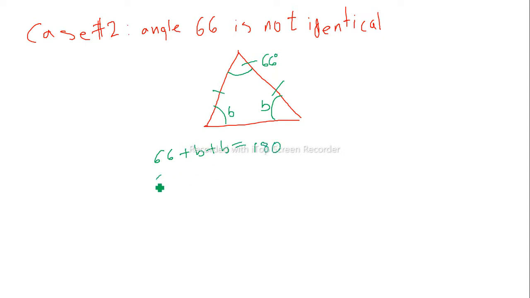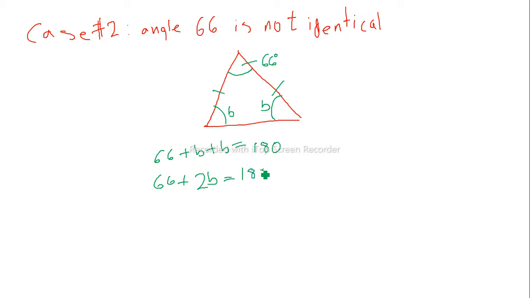So 66 plus what is B plus B? 2B. 2B, yeah. And it's going to be 180.